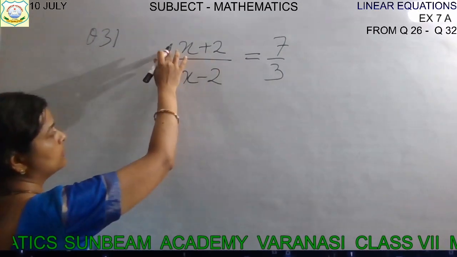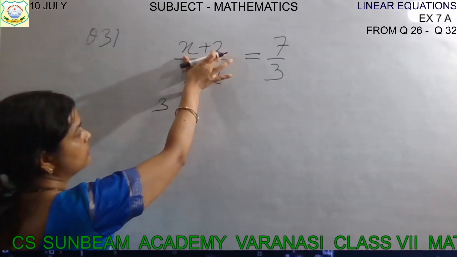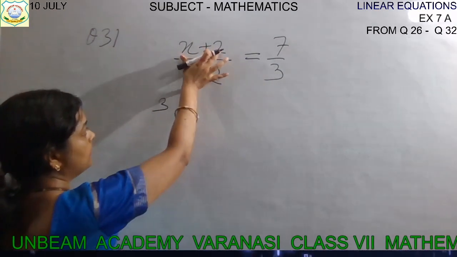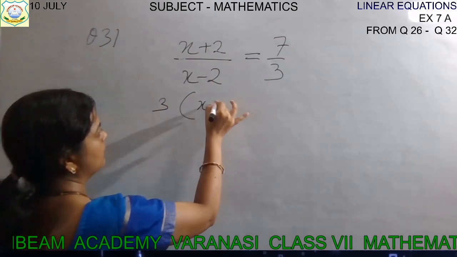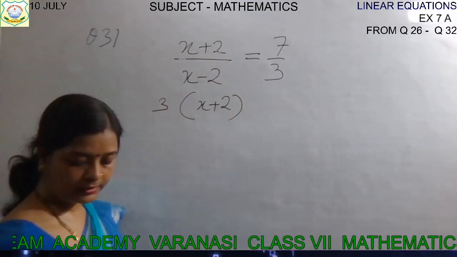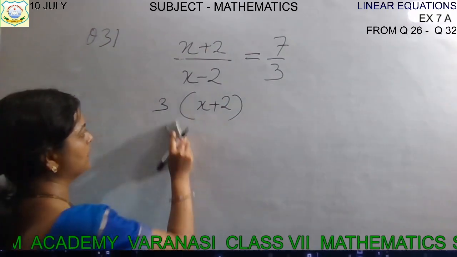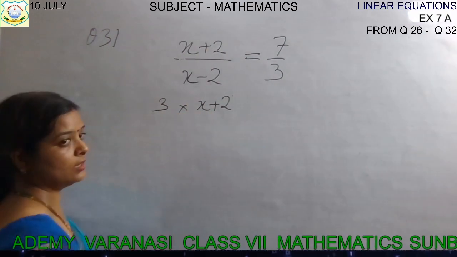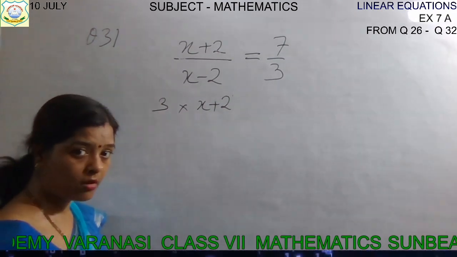3 when it comes here, it will be multiplied with both, isn't it? So keep it in a bracket, children. If you will not write it in a bracket, then what will happen? 3 will multiply with x only, and it means our answer will be wrong after that.